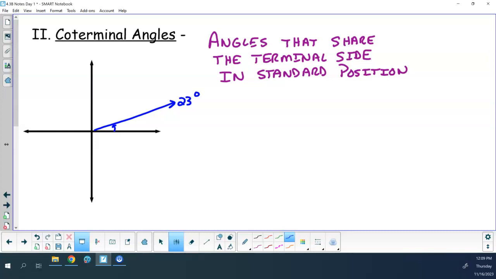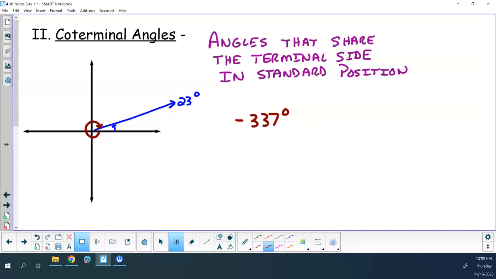That would not be coterminal with 23 degrees. Negative 337? Negative 337 degrees would be coterminal with that, because that would be going that way around. Coterminal. Give me another one that's coterminal with it. No? We'll stay in degrees.